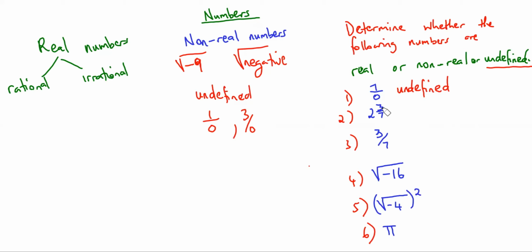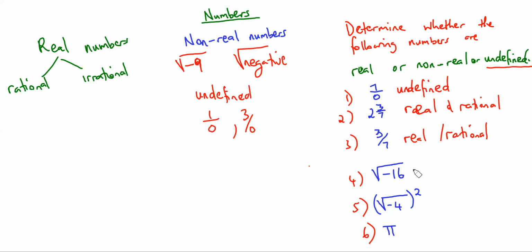Then 7 over 3, this is an improper fraction. Improper fractions are also part of rational numbers. So here it's real and rational. Then here 3 over 7 is a fraction. It's also real and rational.